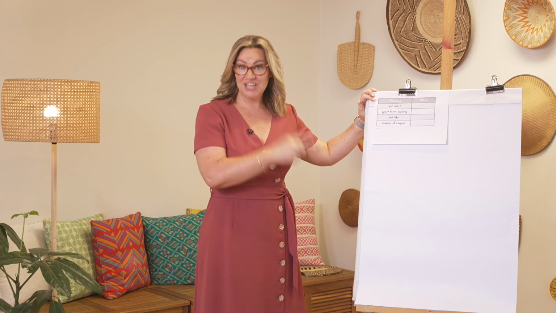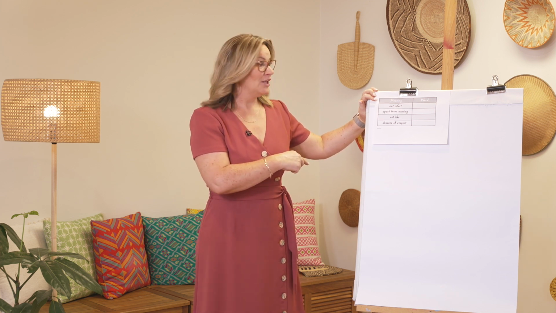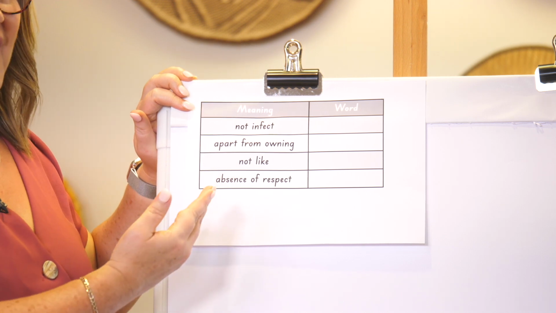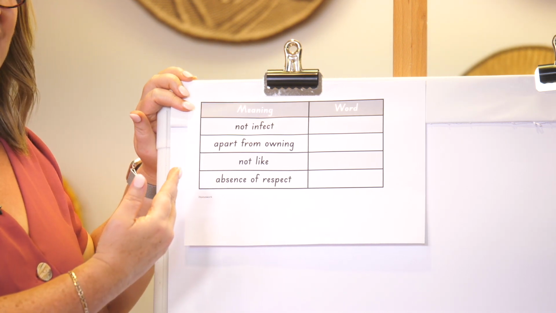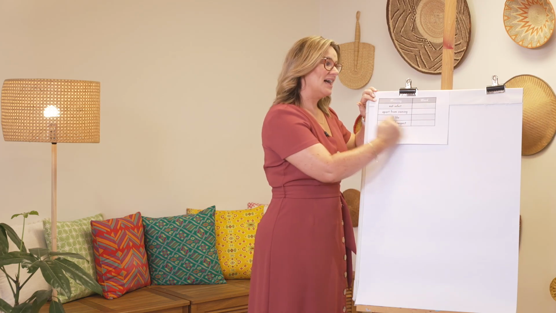Then try and explain your new word just like we did with the word building in the previous activity. So, not infect would be disinfect. Disinfect, what does it mean? Come back to the start, not infect. Complete these and we'll check in tomorrow.